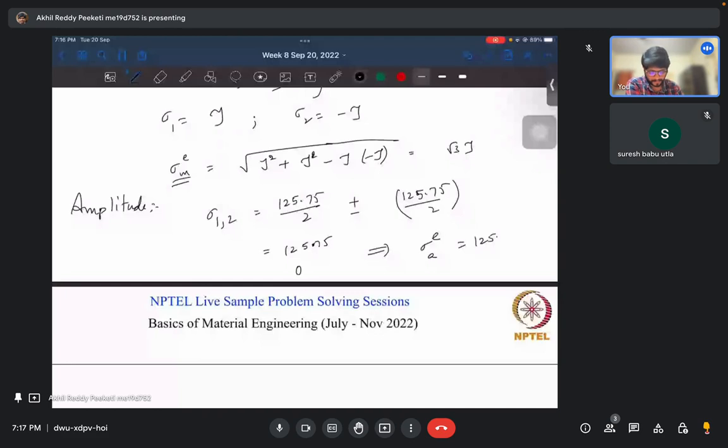Now using the modified Goodman criterion, the factor of safety would be n equal to 1 by sigma effective amplitude by endurance strength plus sigma effective mean by SUT. Here, because stress concentration factors are given, we need to take those for bending and for shear.